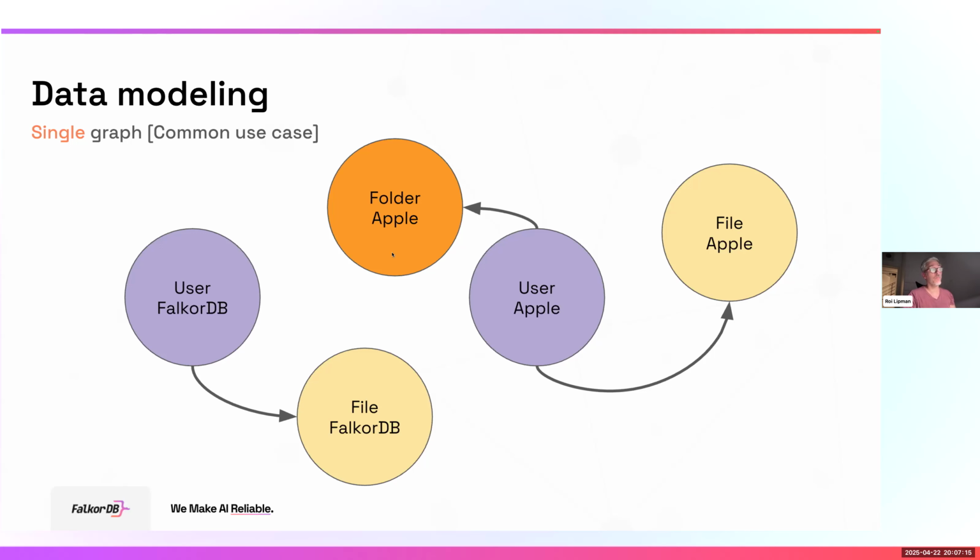And so a user entity would be labeled as a user, but if that user belongs to FalkorDB, then there would be a second label associated with it that states which organization owns this user. And the same thing goes for any other type of graph entity, such as a file or a folder.